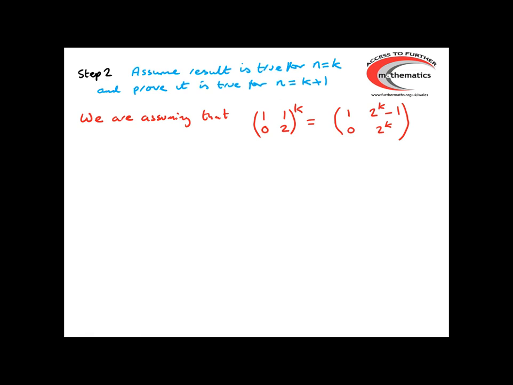So there's our assumption. We know that (1, 1; 0, 2) to the power k plus 1 is going to be the same thing as (1, 1; 0, 2) to the power k times (1, 1; 0, 2) to the power 1, because something to the power k plus 1 is something to the power k times the something to the power 1. In other words, times the something.